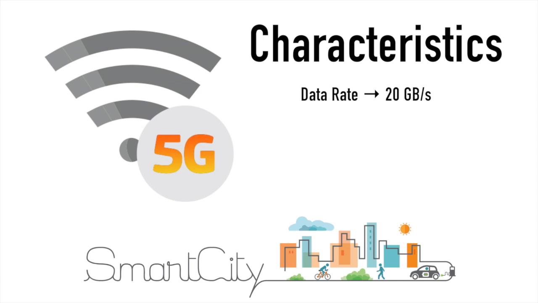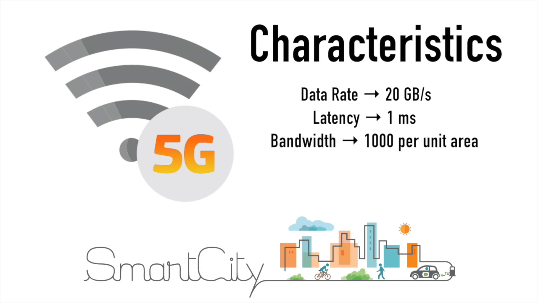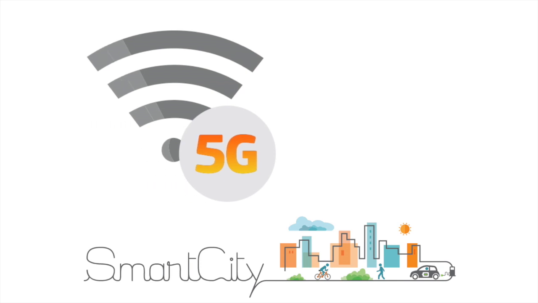5G networks have very low latencies, which is a latency of 1 millisecond compared to the 4G networks, which have a latency of 50 milliseconds. Based on these stats, 5G is said to have 50 times lower latency compared to 4G. 5G networks also have 1,000 times bandwidth per unit area, making it more significant compared to the existing generation network.